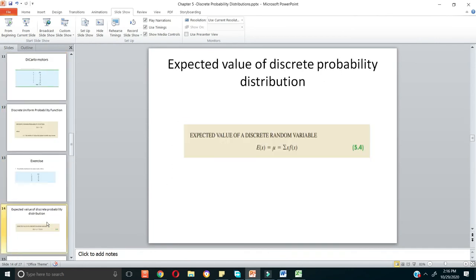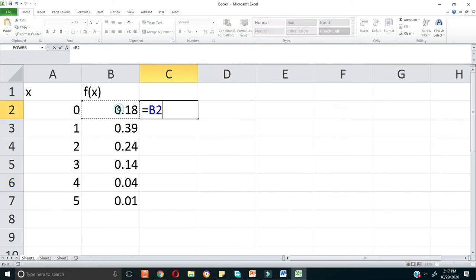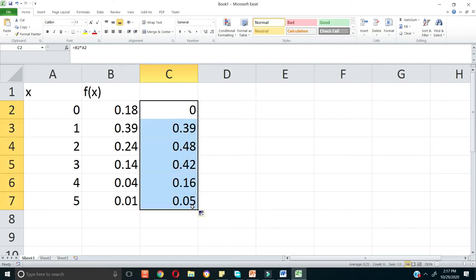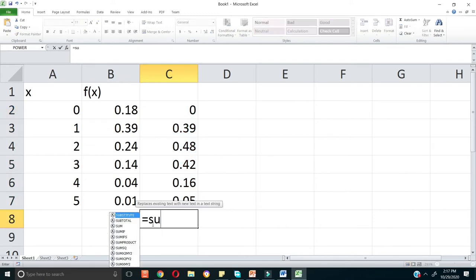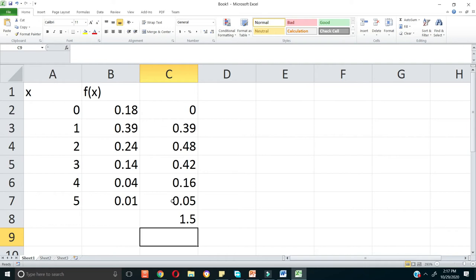So we're basically saying that it's going to be the summation of x times f of x. In this case, it's going to be that column multiplied by that column, and then we get that value. If you do the summation over the entire data, then this is going to be the expected value.